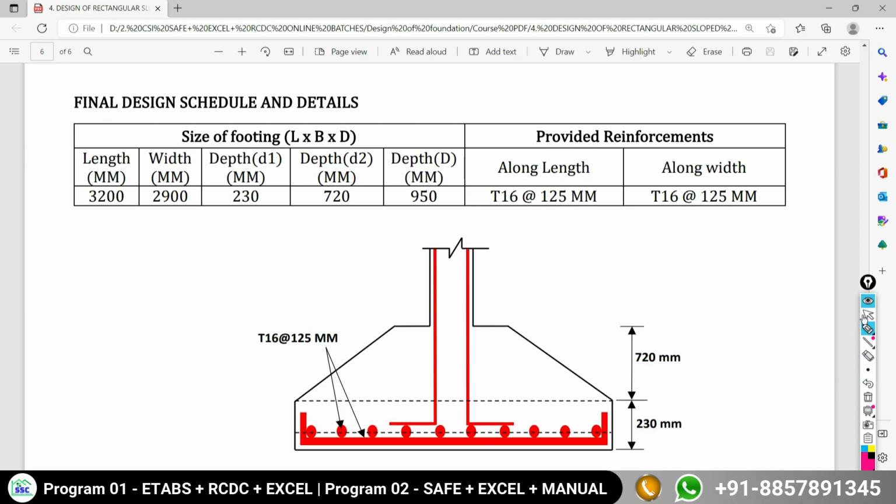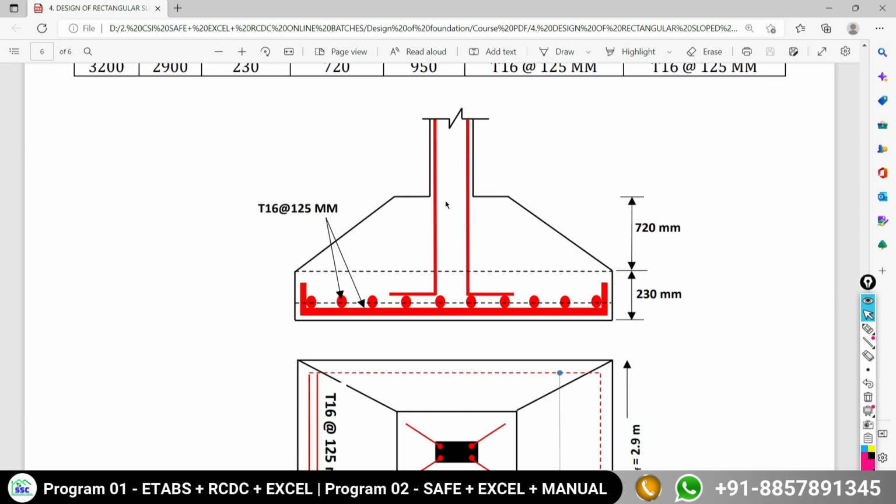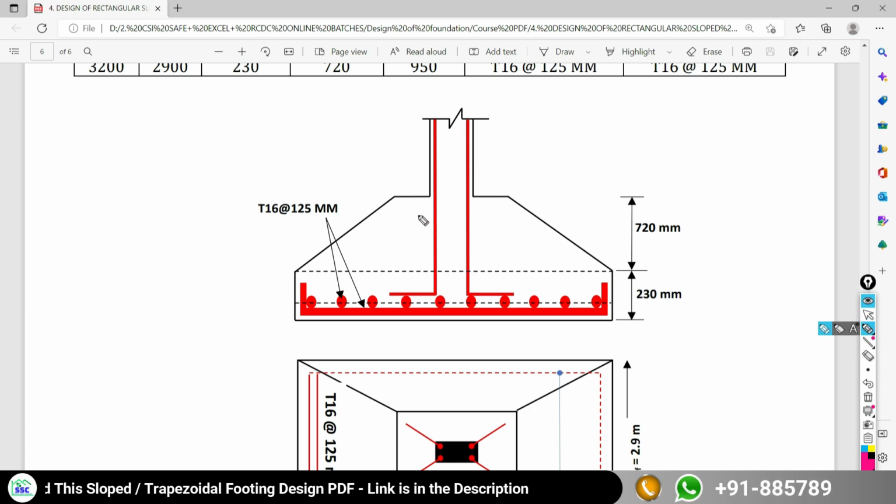Now how to prepare the detail of the design result? This is the sectional elevation, showing the detailing of the reinforcement for this sloped footing. In both directions we have provided 16 mm dia at a spacing of 125 mm center to center.